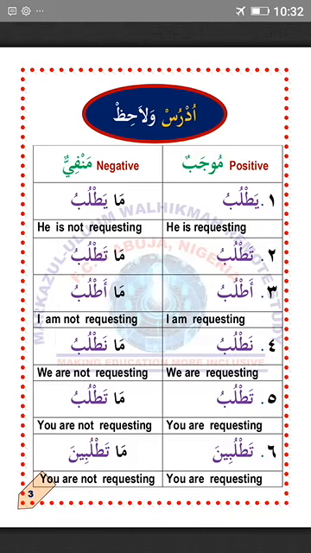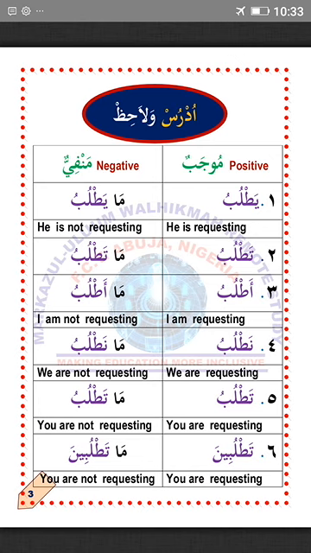Udurus, learn. Walahis, and observe at the same time. Mujabun, positive. Manfiyun, negative. Mujab, positive. This is the state of a sentence in Arabic that means something is happening. Manfiyun, negative.